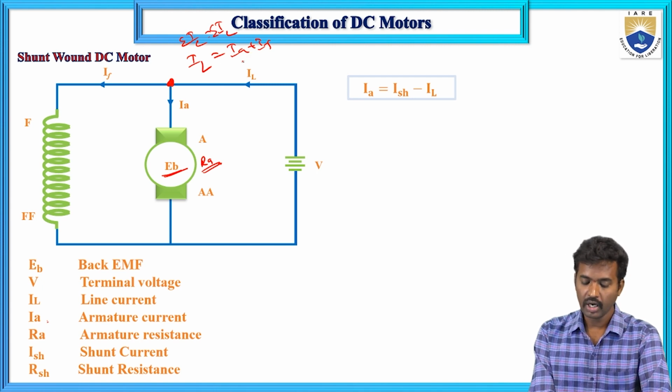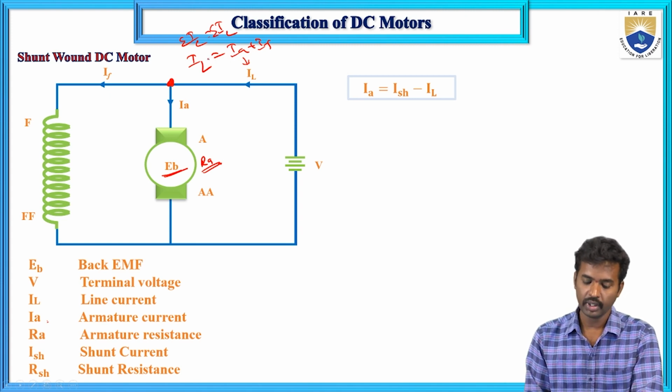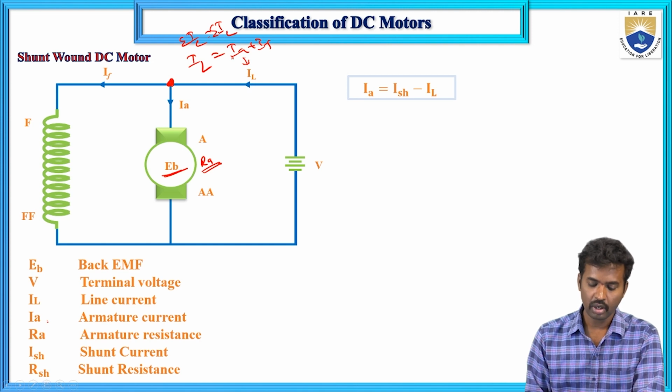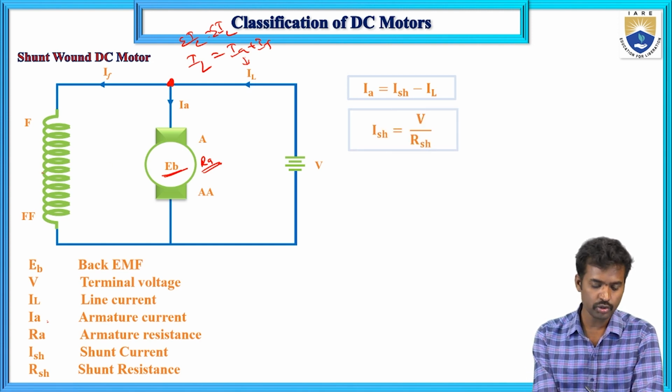So here IA equals IL minus IF, which means IA equals IL minus ISH. Next, ISH equals V by RSH.